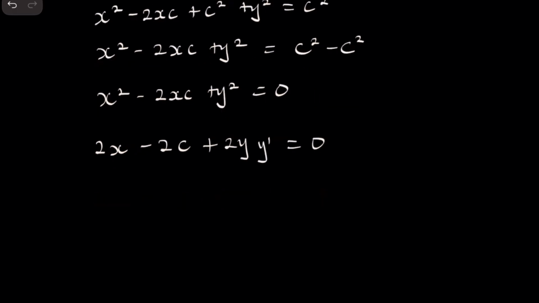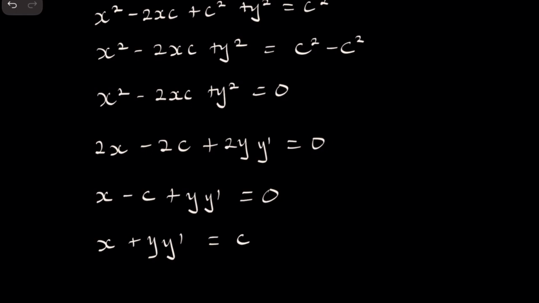Dividing through by 2, we are going to have x minus c plus y y prime is equal to 0. Now let's find c. So c will be giving us x plus y y prime is equal to c. So let's call this equation C star.